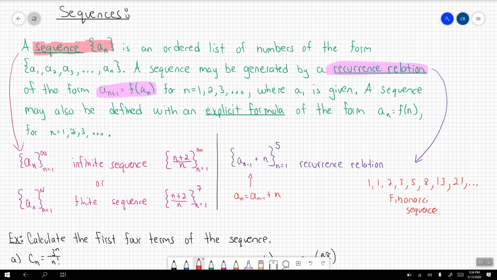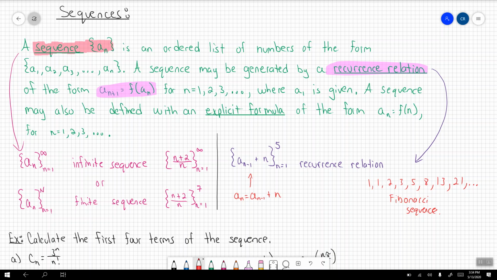Now, the third part of the definition says that a sequence may also be defined by an explicit formula. What they mean is this particular piece right here. If you notice the examples I gave you for the infinite and finite sequences, the formula that is defined is known as an explicit formula, meaning that we can use variables to describe what the function is going to produce for the next numerical value.